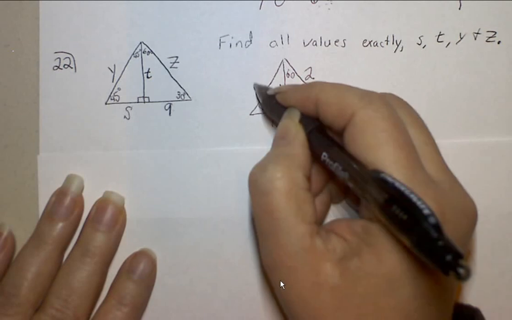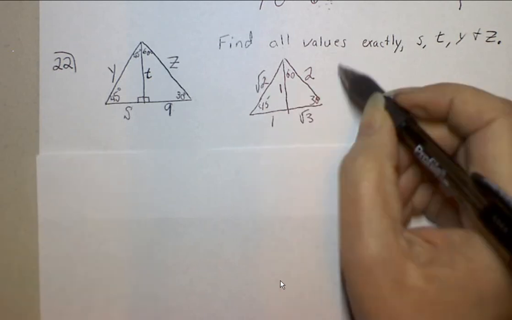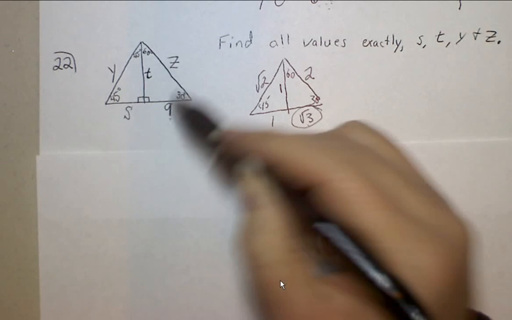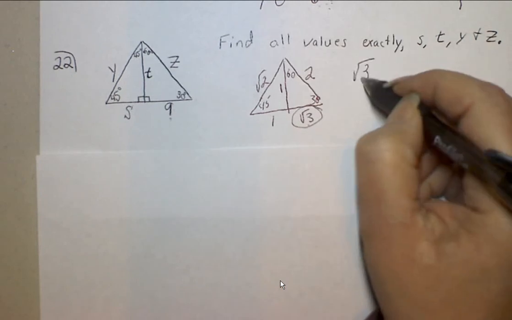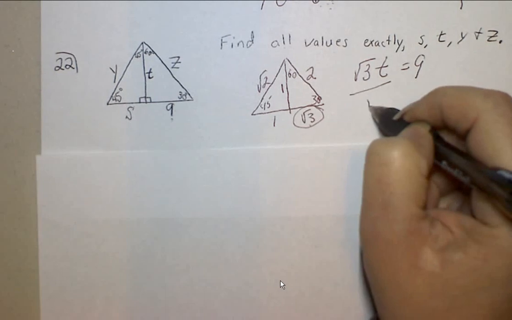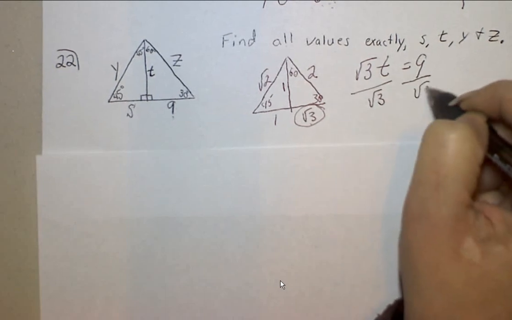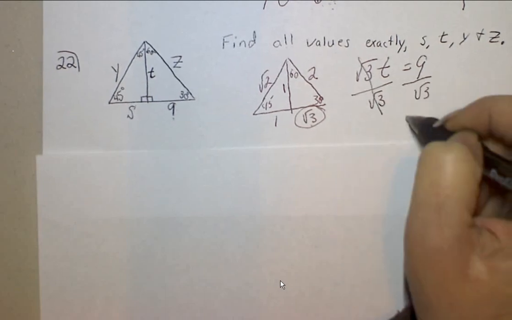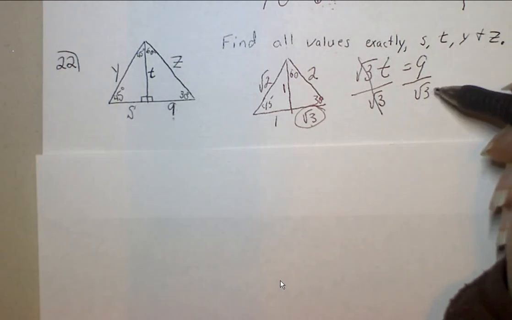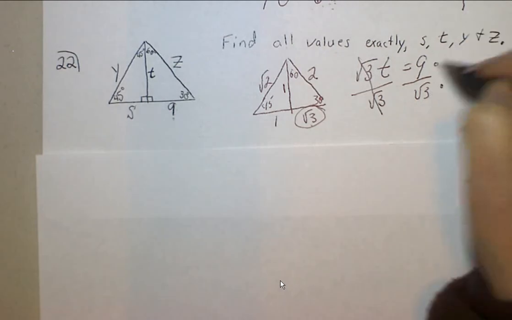So it's asking me, what did square root of 3 get multiplied by to get 9? So square root of 3 times what gives me 9? Then I'm going to divide by the square root of 3. So I have 9 over the square root of 3. I can't have that, so I'm going to multiply top and bottom by square root of 3.